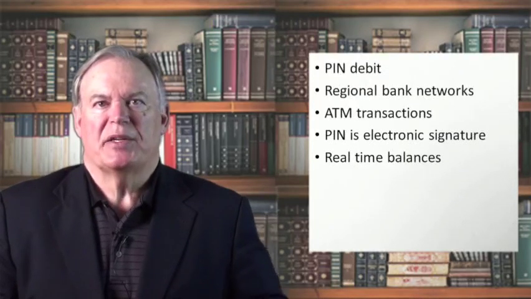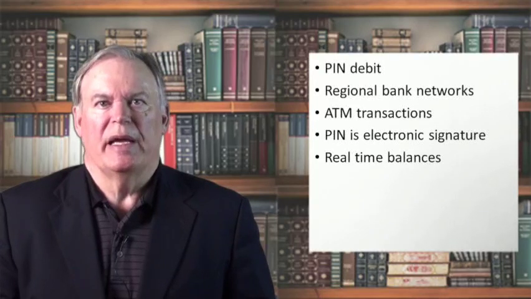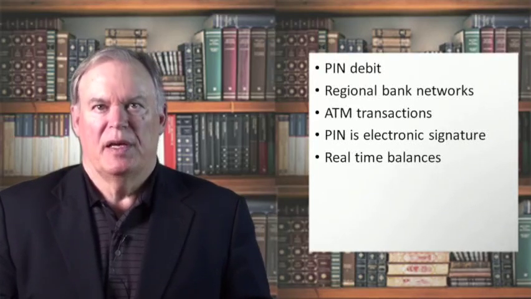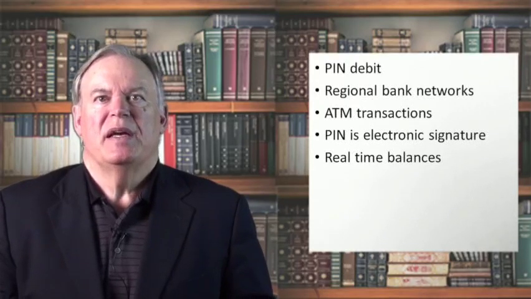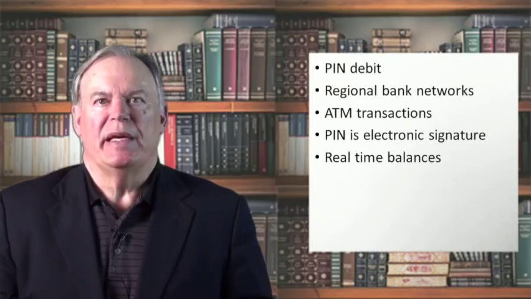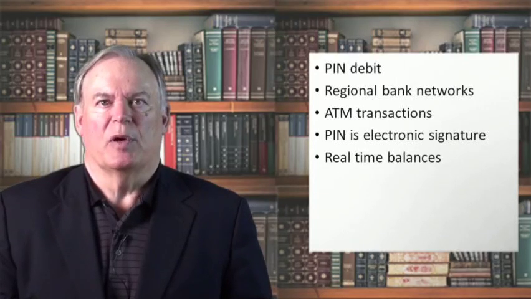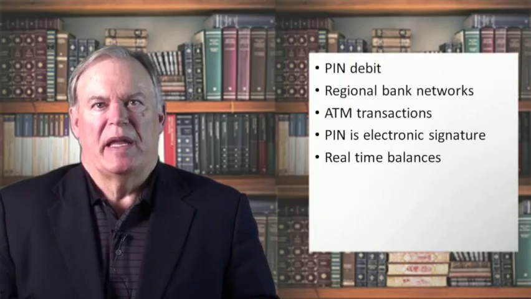PIN debit is a transaction type based on what was originally a group of regional bank networks. In the late 1970s and 80s, banks within various geographic districts around the U.S. came together to form their own unique, shared online processing networks for clearing EFT transactions. This was the network that linked ATM machines.